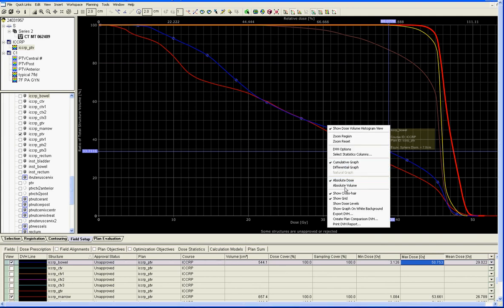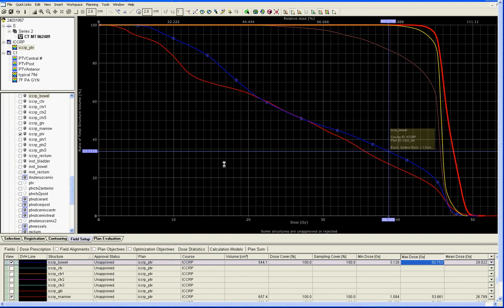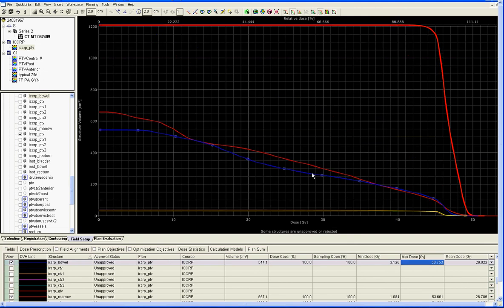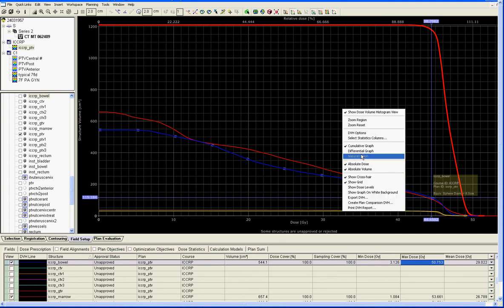We'll switch to absolute volume. The volume getting 45 gray or more is about 120 cc's, so we're fine with that, although the maximum dose is a little bit high, so the plan will have to be recreated to meet this constraint, at least.